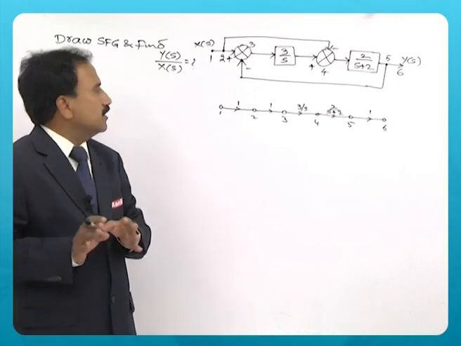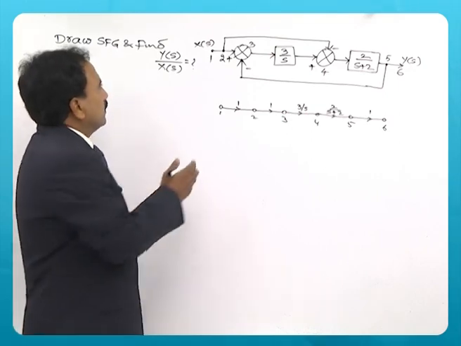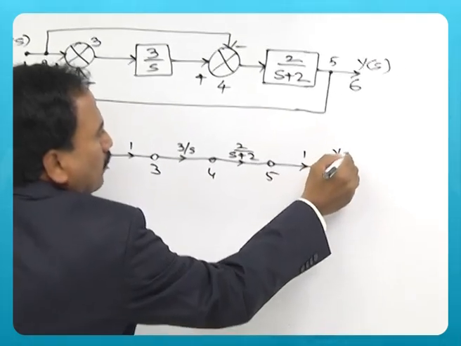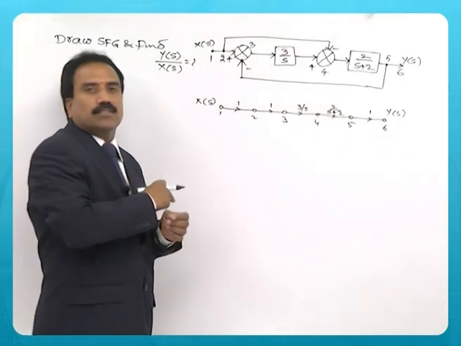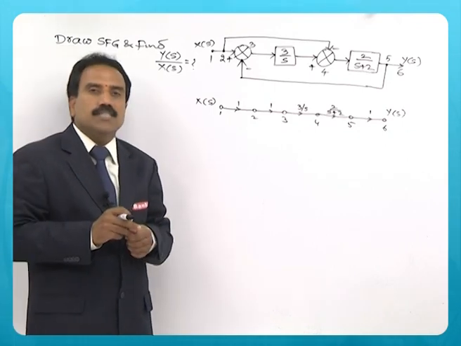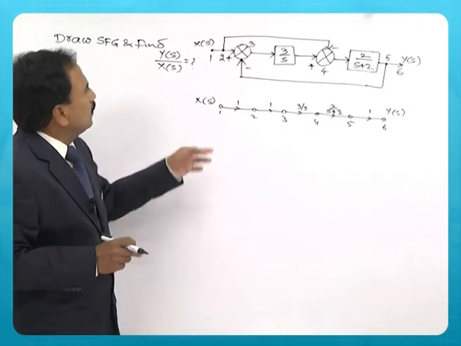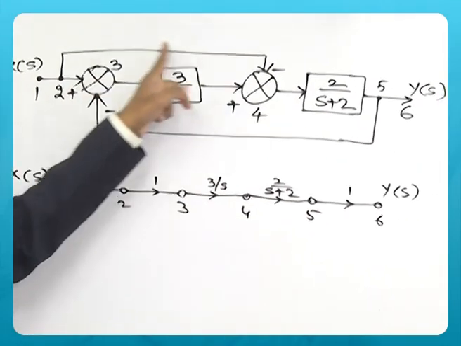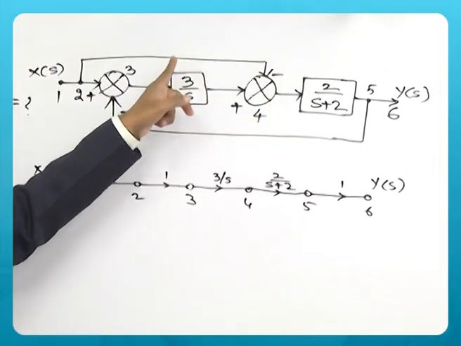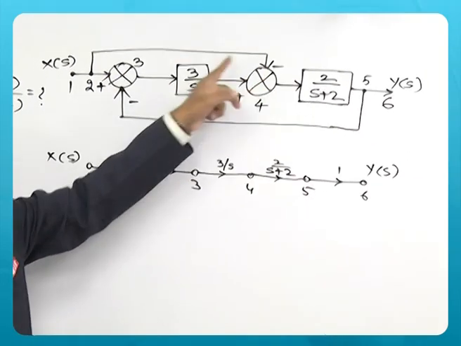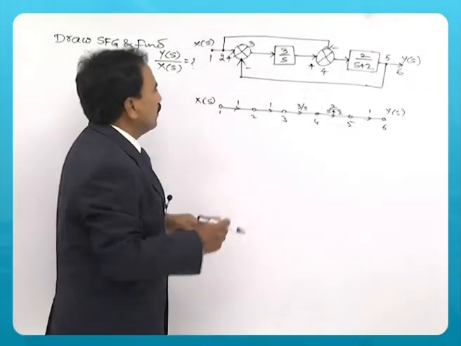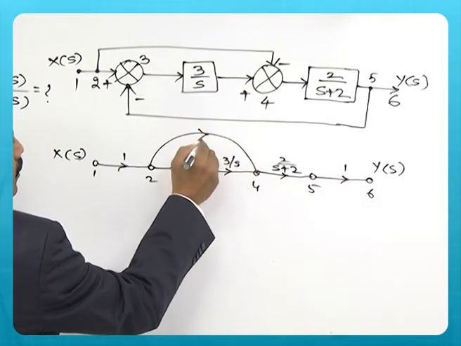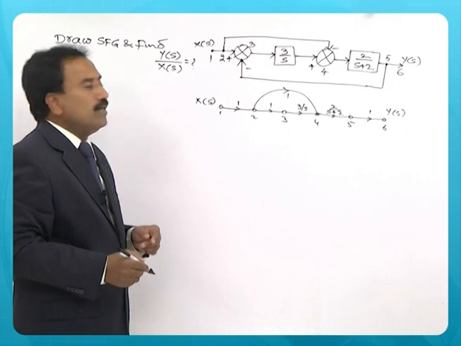But just for the convenience of representing the input variable and output variable, the path that is connected is called a forward path. Now you can see between 2 and 4 there is a path, a forward path going from 2 to 4. So you can just join 2 to 4, no block, so the gain is 1.